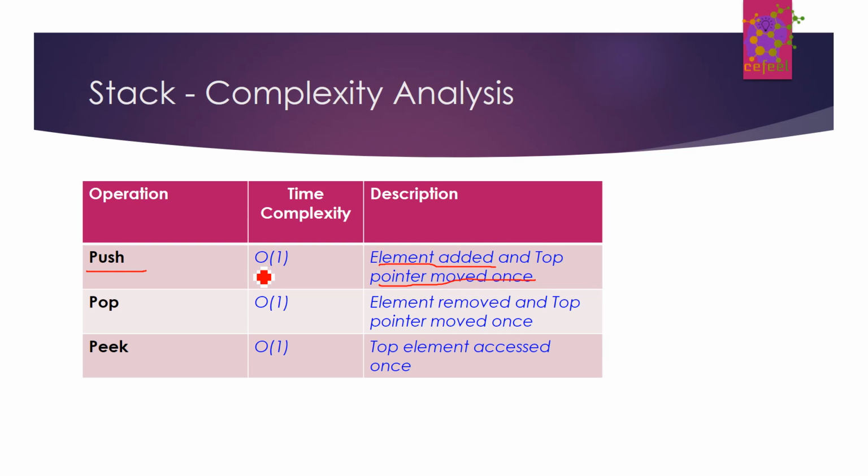So this is just order 1, which means there is just one operation being done. Same thing with pop. With pop we remove the element and decrement the top pointer once, and hence this is also order 1. Lastly, with peek we only access the top element once, so even this is an order 1 operation.